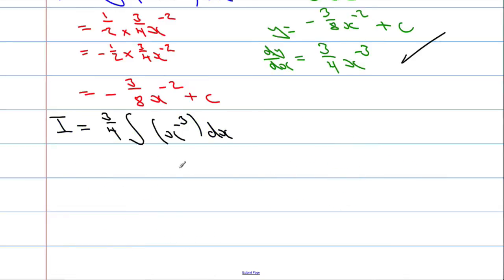So let's just worry about integrating this part and then deal with the 3/4 later. So 3/4, integrate this, we're going to increase the power of x by 1, which gives me a negative 2. I need to multiply by 1 over negative 2, like so. And don't forget that constant c.